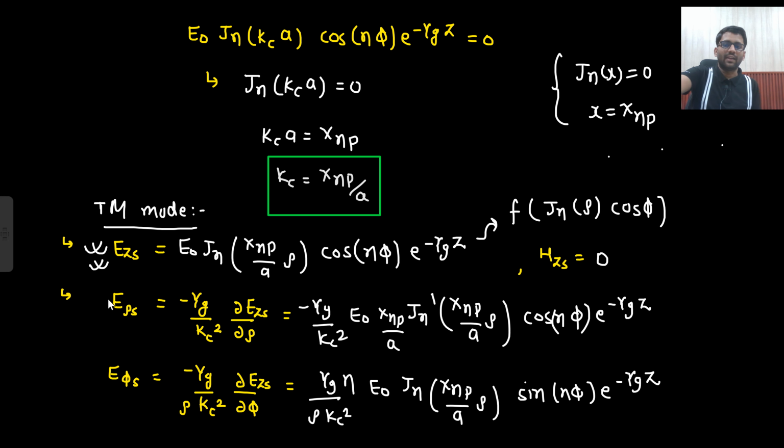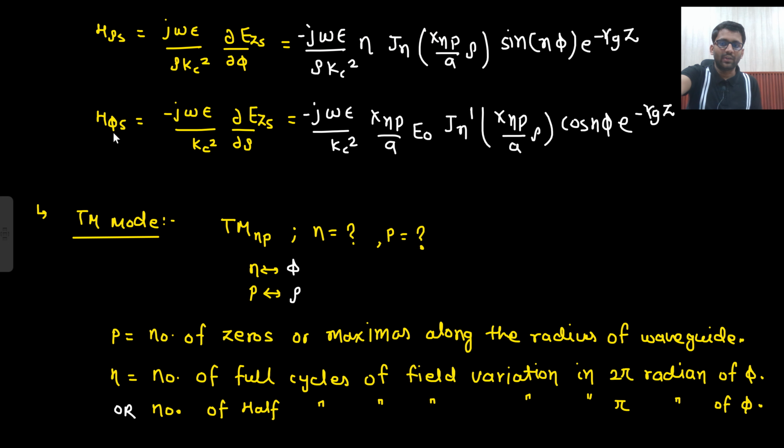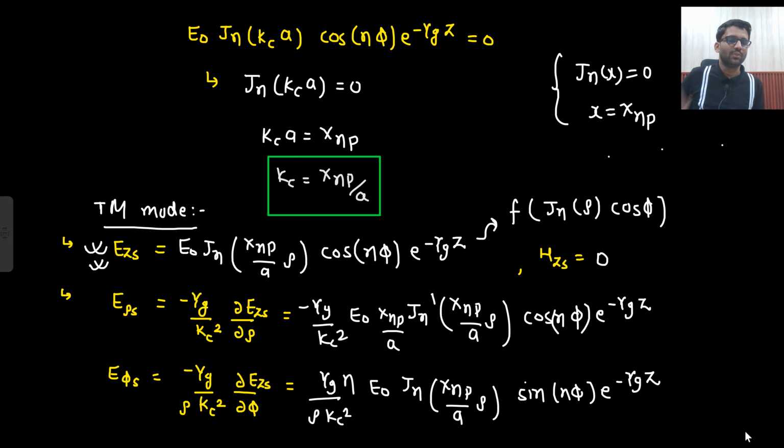Now no other function, neither E rho, nor E phi, nor H rho, nor H phi is a function of Jn cos. Jn rho cos phi you will never find anywhere. In E rho will you find Jn and cos? No. Here you are finding Jn dash. Here are you finding Jn and cos? No. Here you are finding Jn and sine.